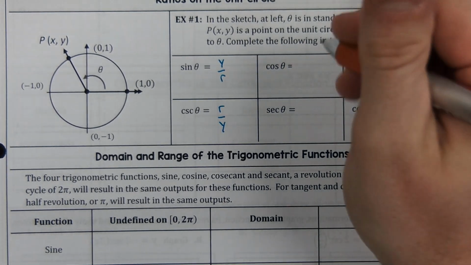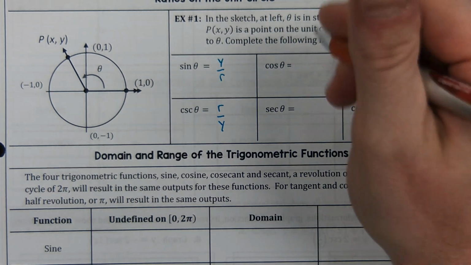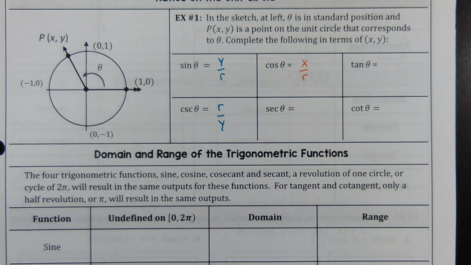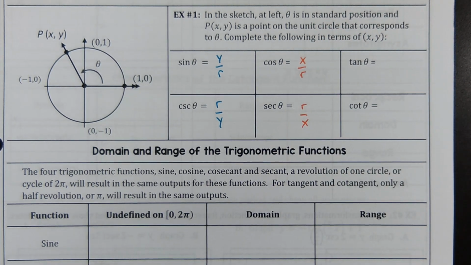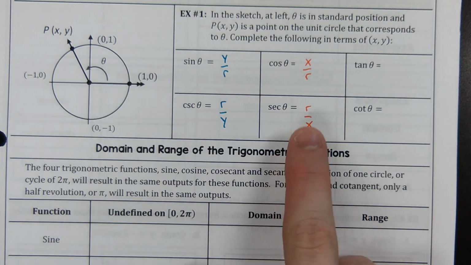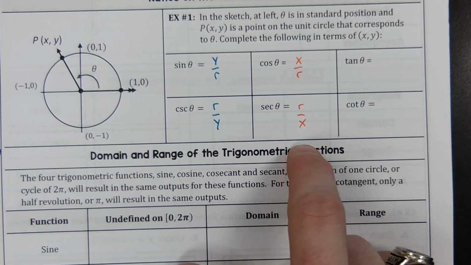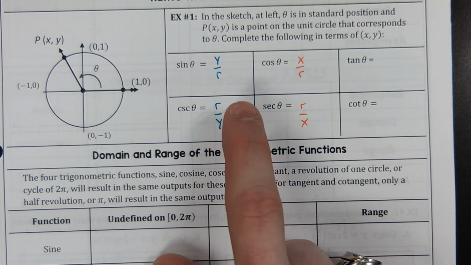Cosine of theta in your x, y, r's is x over r. Its reciprocal secant then is r over x. And before I go any further, these two have something that these two do not. And that is discontinuities.